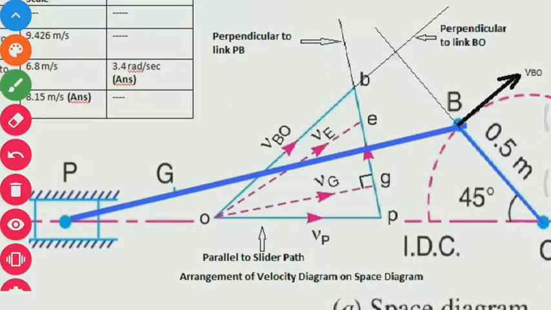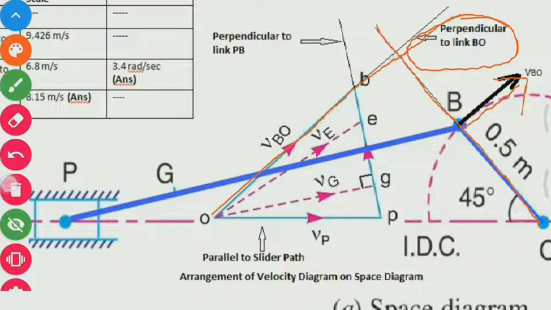Now here you can see that the vector OB is exactly perpendicular to link OB, which is rotating in clockwise direction. Linear velocity of point B is also shown. So we have to draw the vector OB in the direction of velocity. You see that both lines are perpendicular.